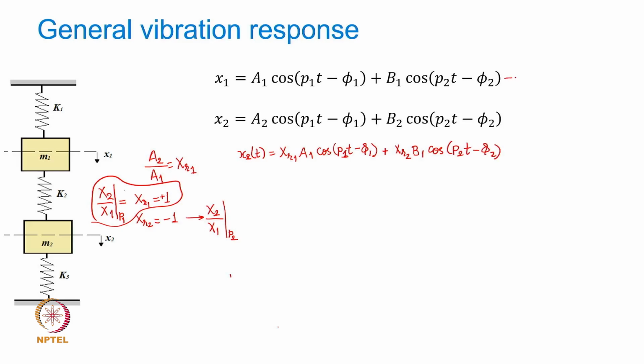Now, what we discussed is that these two equations basically define the general response of the 2 degree of freedom vibratory system, and then there are 4 unknowns here.